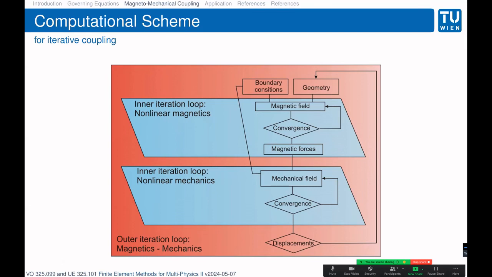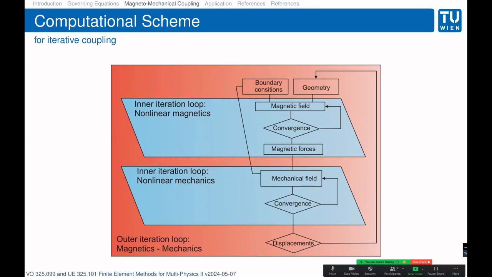So compute magnetic fields, possibly non-linear, iterate until you have convergence here, compute magnetic forces and apply them to the mechanical field. And then again, this is a mechanical problem, potentially materially or geometrically non-linear.